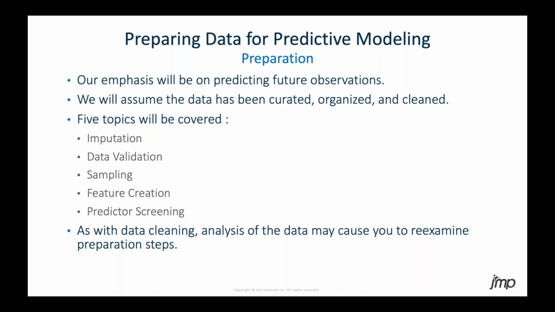You might find that there are better ways to do data validation, data sampling, feature creation, and so on. So even though I'm presenting this in a linear fashion, it really is very iterative. Now, hopefully those iterative steps become shorter and shorter as you learn more about the data, but keep in mind that you might have to, at some point in time, after you've analyzed the data once or twice, go back and revisit some of these areas.